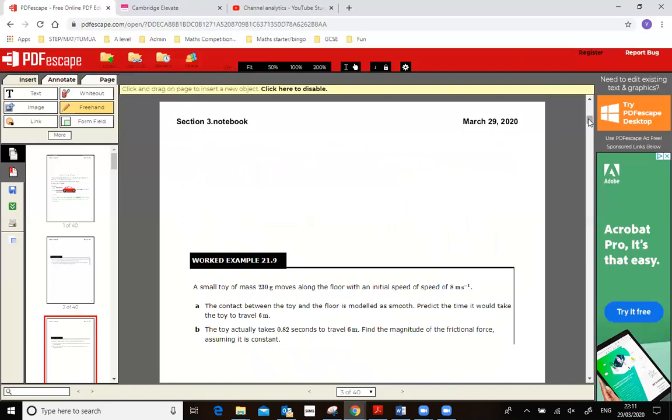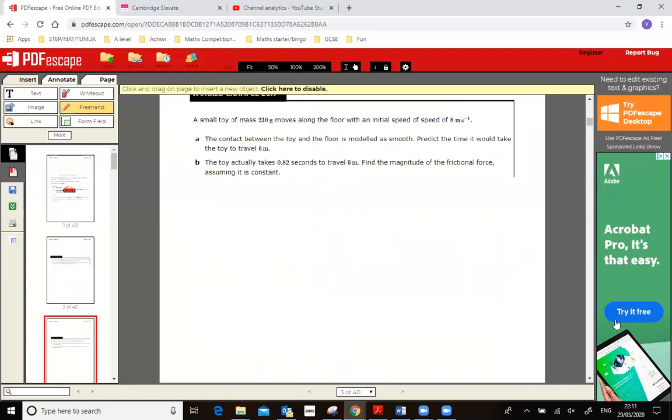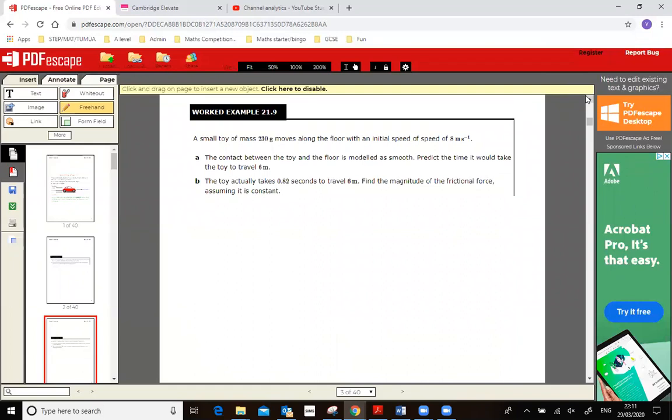Okay, so what do we have here? The question says a small toy of mass 230 grams moves along the floor with an initial speed of 8 meters per second. Part A, the contact between the toy and the floor is modeled as smooth.